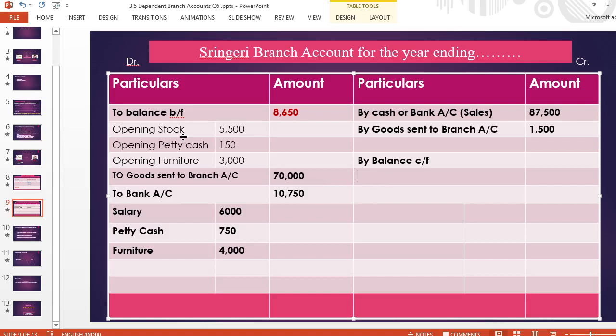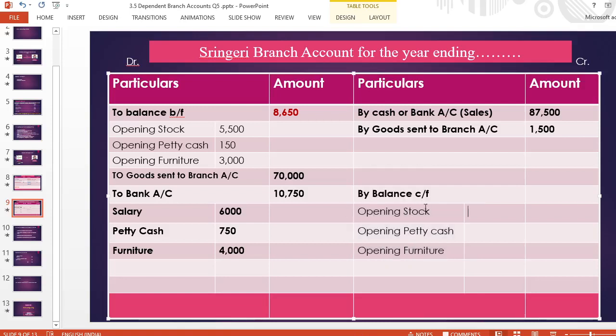So here opening balances they have given in terms of opening stock, opening petty cash and opening furniture. So I'll write opening stock. I'll write all the three here.